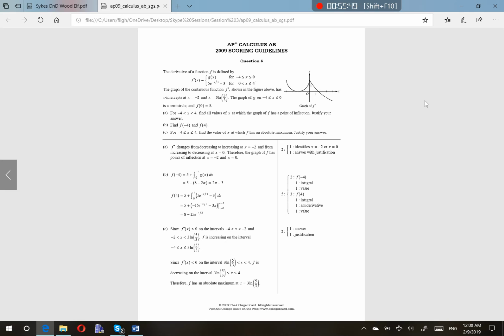So the way it works is you will start out with no calculator on a multiple choice section. After your first section, they will give you a calculator for your second section, but take away your multiple choice for section 1. So you finish your last part of the multiple choice with a calculator. Then you start your free response with the calculator still on your desk. They take away your multiple choice.